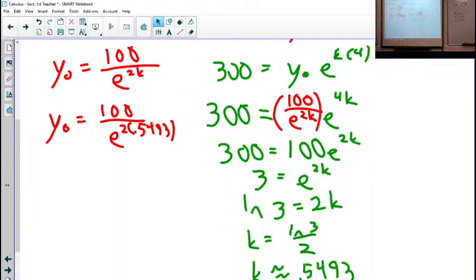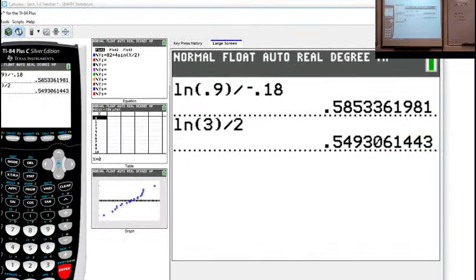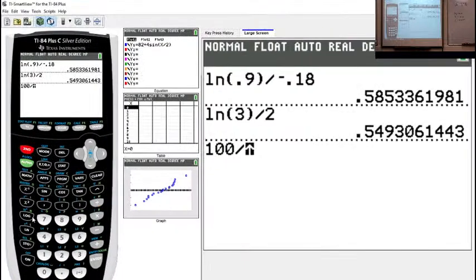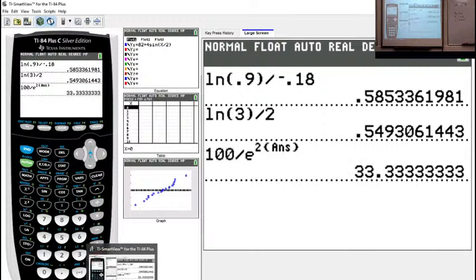So plugging it in up here. 100 over e to the 2 times that decimal. Well, that decimal was the last answer I called up, so I'm going to go second answer. 33.3 repeating. 33 and a third.